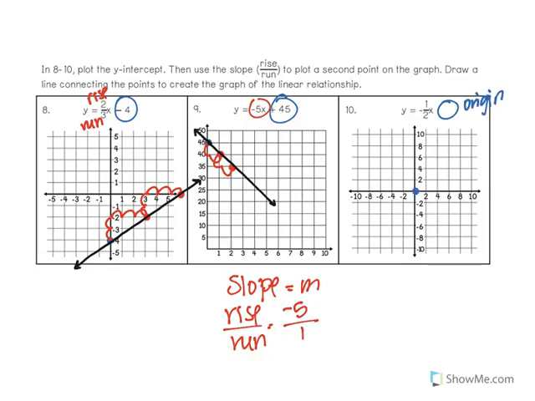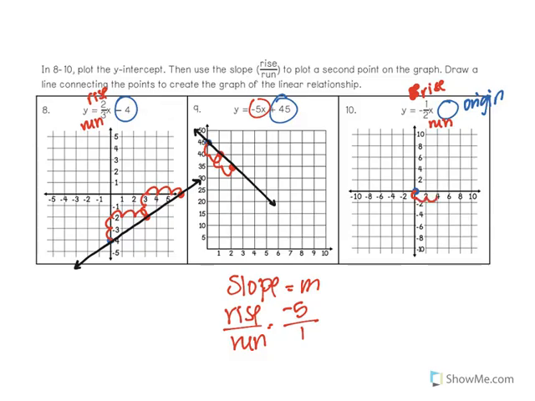So we're going to start at the origin. My slope is my rise over my run. And because it's a negative, I'm going to rise down 1 and run over 2. And notice how it goes by little halves here, or it goes by 2s. So you got to pay attention to that.